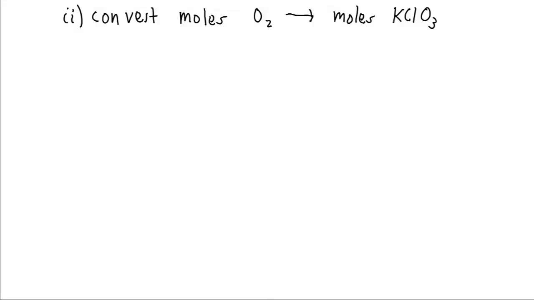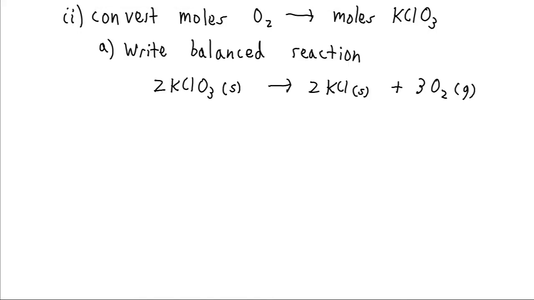Now that we know about our O2, we need to convert that information into information about KClO3. And the way we convert information about substances from one substance to another is always using stoichiometry. So we need to start with our balanced reaction, which was given to us. 2 KClO3 gives us 2 KCl and 3 O2s.